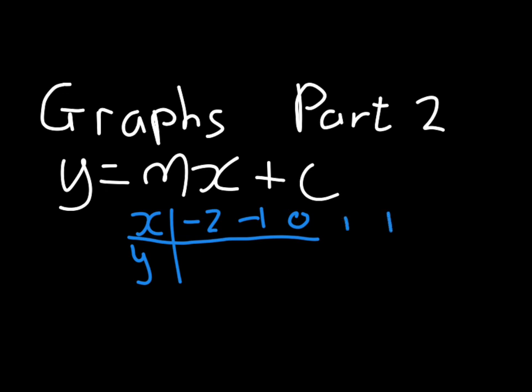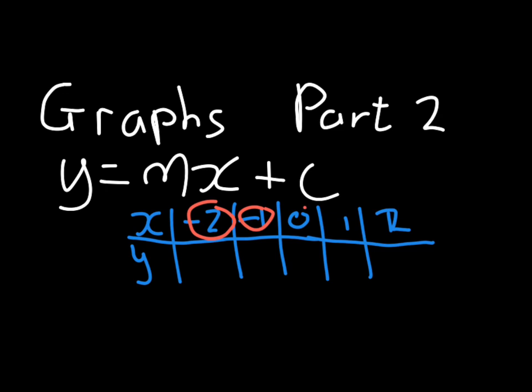And these x values are -2, -1, 0, 1, and 2. And to find their corresponding y values, all we're going to do is take each of these x values and plug them into our equation.